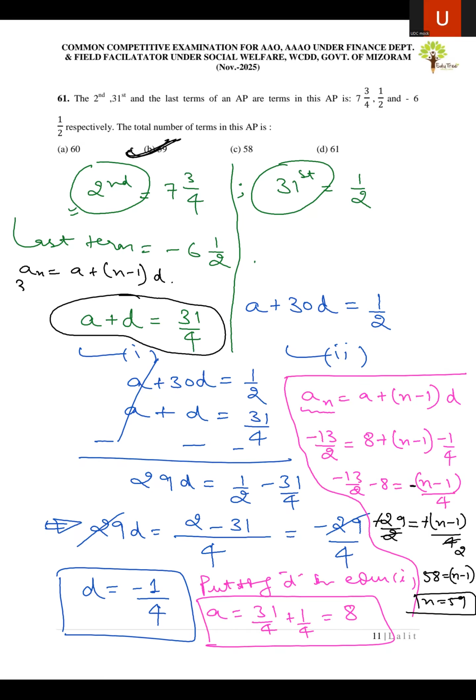So 31 by 4 equals a plus, and n is what? N is second. So 2 minus 1 multiplied by d. So 2 minus 1 will be 1. So a plus d, we got this a plus d. All right. So we used this formula in both of them. All right then. Let us see the next question in this.